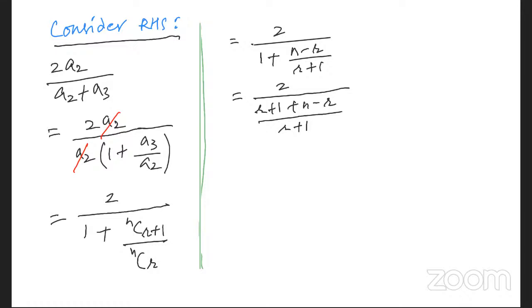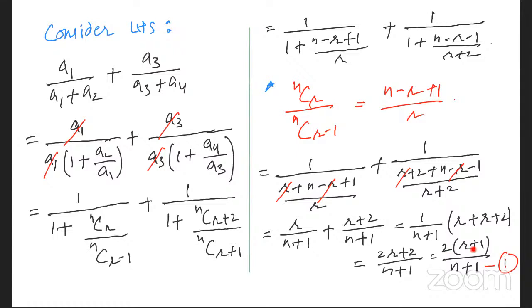What are the terms getting cancelled? r and minus r, and then r + 1 we take to the numerator. So we get 2(r+1)/(n+1). Say this is equation 2. What did we get equation 1 as? 2(r+1)/(n+1).